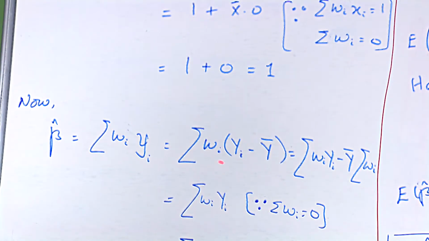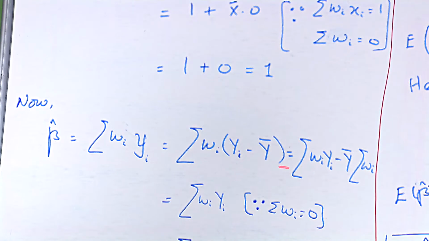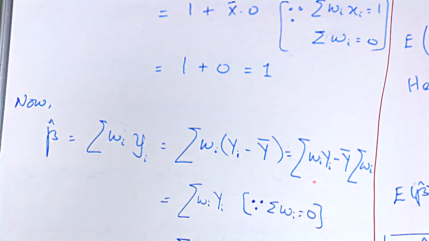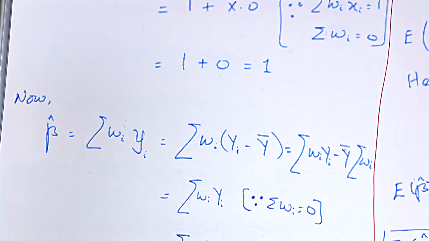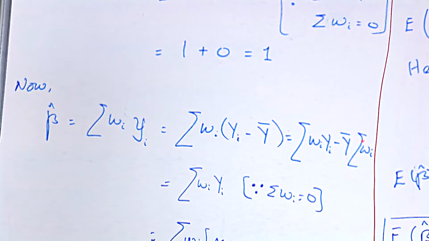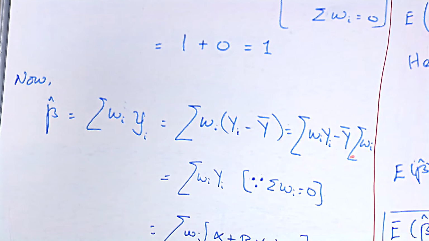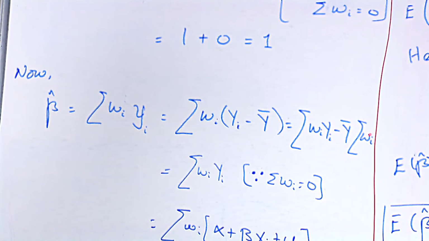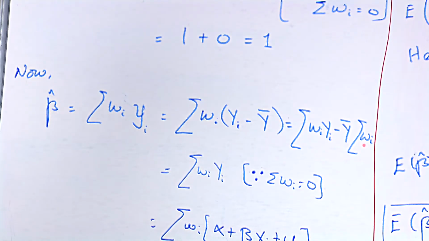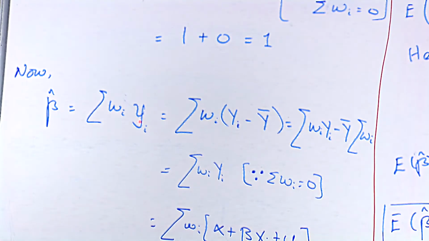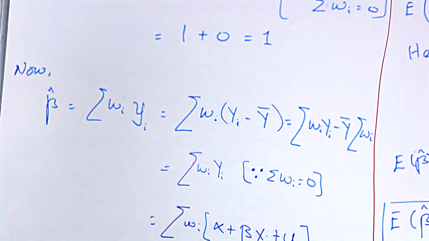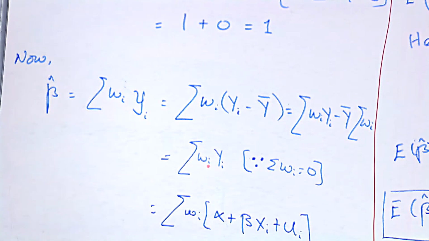So we may get the equation expanded like this: sigma wi capital Yi minus y bar sigma wi. We all know the value of this sigma wi is equal to 0, and so sigma wi small yi is equal to sigma wi capital Yi.